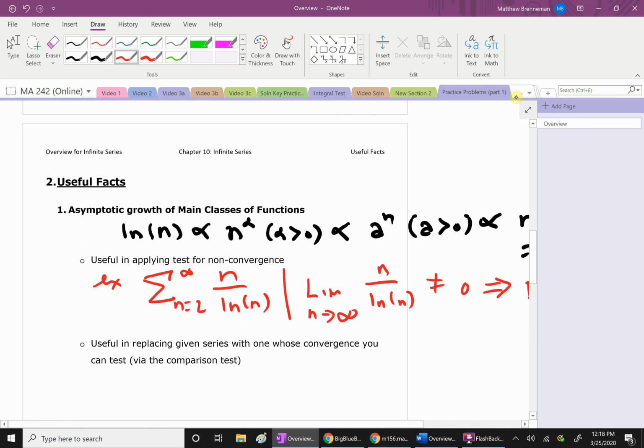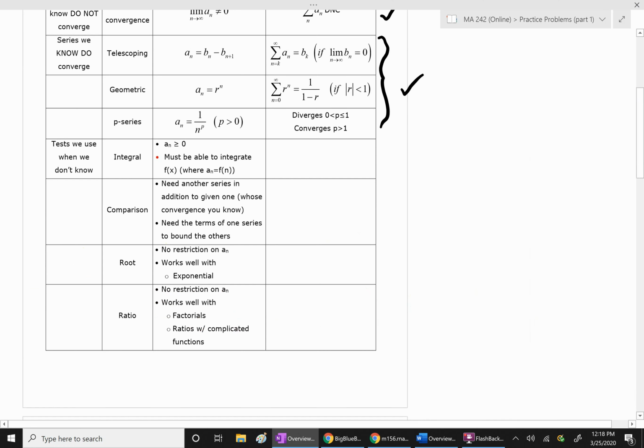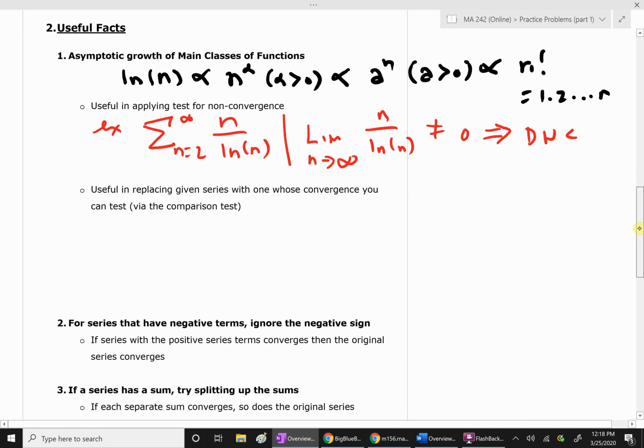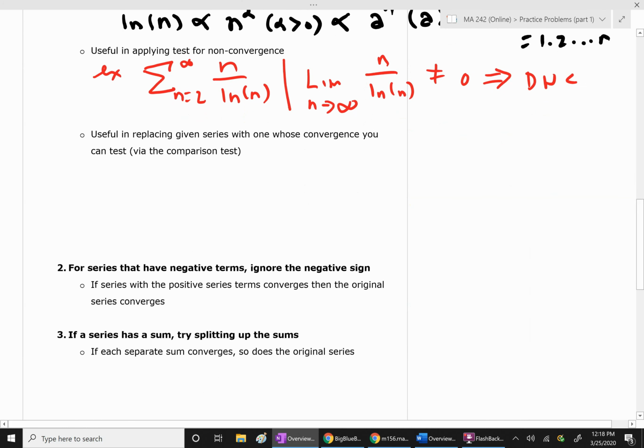Okay, this is one reason why it's useful. The way I use it typically when I'm working these problems is I use it to take a series that's very complicated and that's not obvious how to evaluate, and I replace it with a series that I do know about its convergence. So for example, let me just show you what I mean here. Suppose you're asked to test the convergence of n natural log n over 2 to the n.